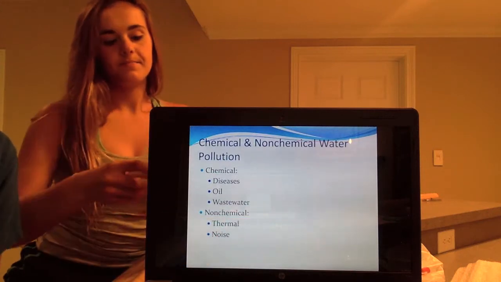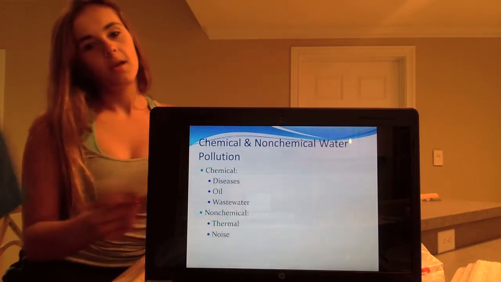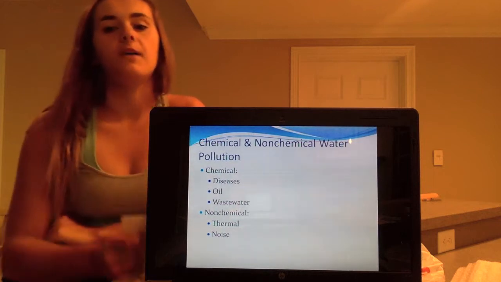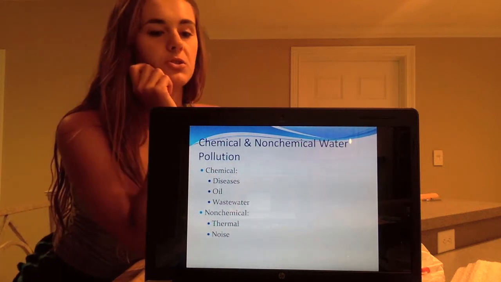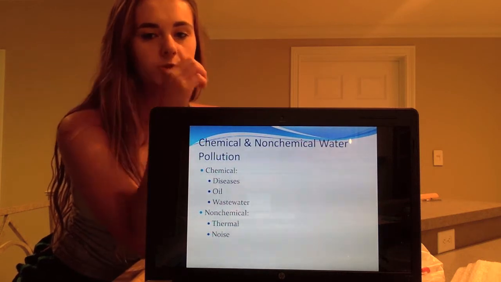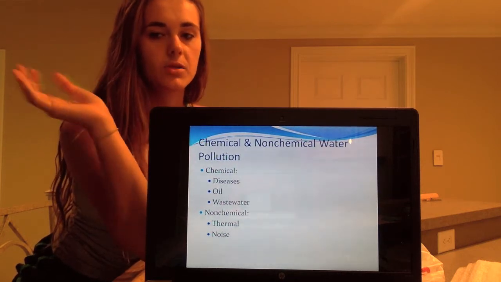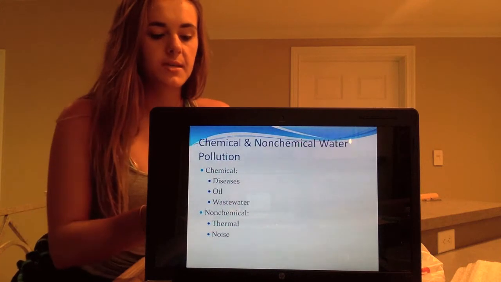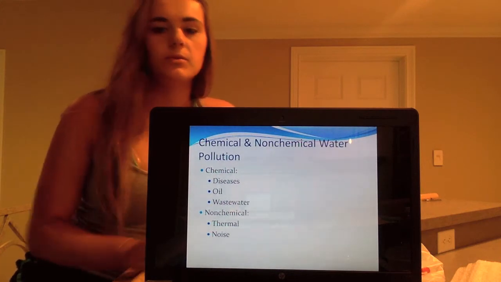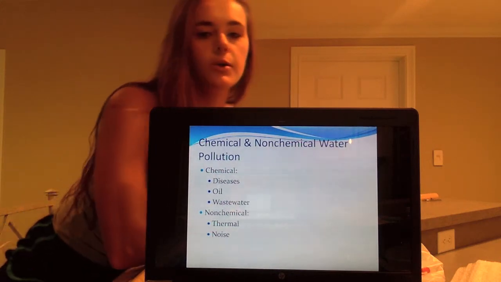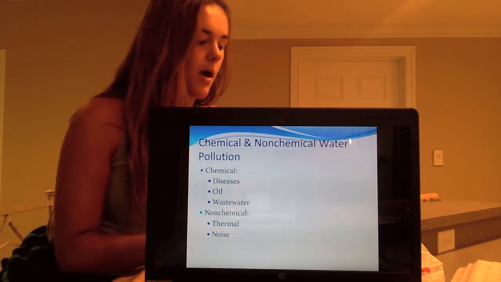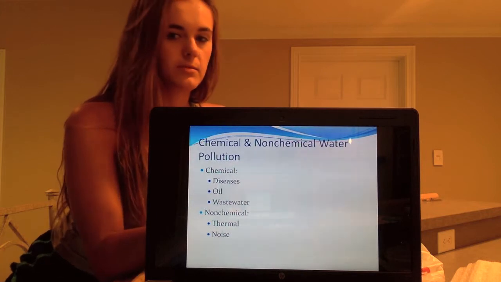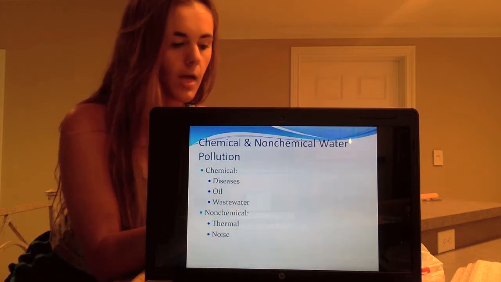Next we have chemical and non-chemical water pollution. Water pollution is defined as the contamination of streams, rivers, lakes, oceans, or groundwater with substances produced through human activities that cause harm to the environment and to organisms. Chemical pollutants include diseases, oil, and wastewater, all of which pose extreme threats to human health, the environment, and organisms.